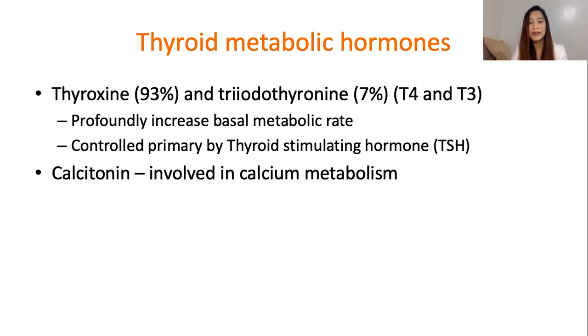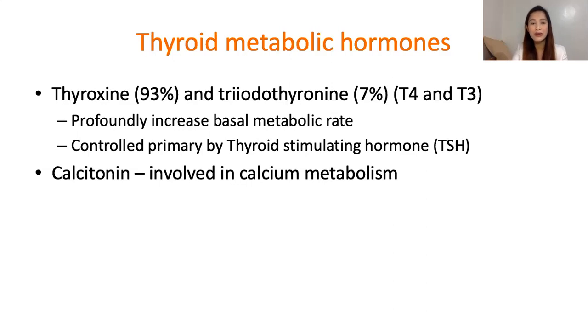So the thyroid gland is responsible for producing three major hormones, or actually just two major hormones. Calcitonin is just a minor hormone from the thyroid gland, but the majority of the thyroid hormones that come from the thyroid gland is your thyroxine, or your T4, and your triiodothyronine, which is your T3.